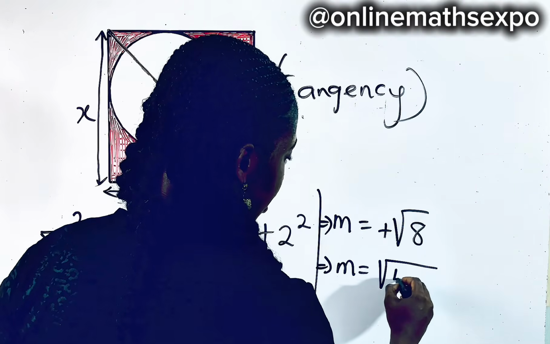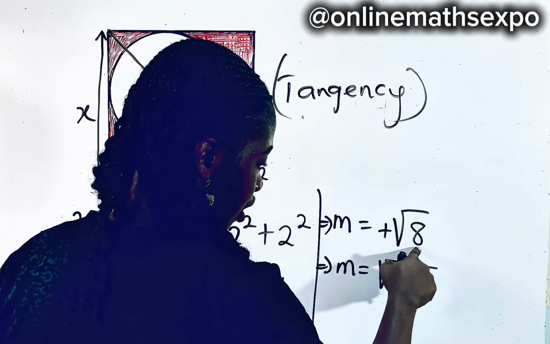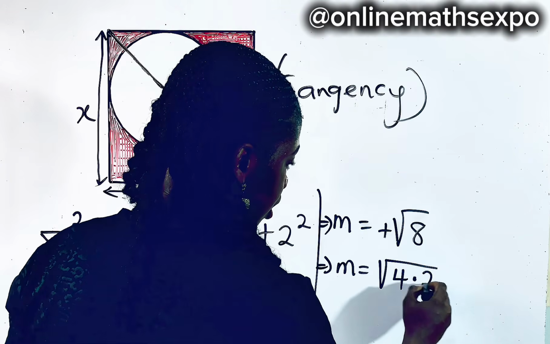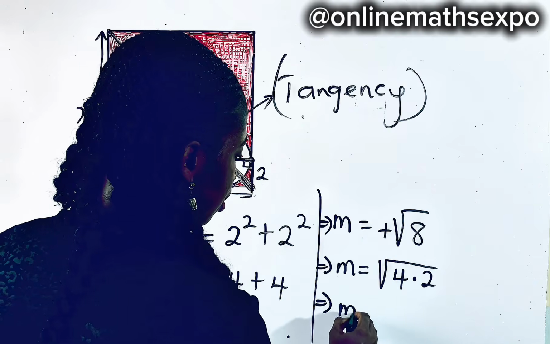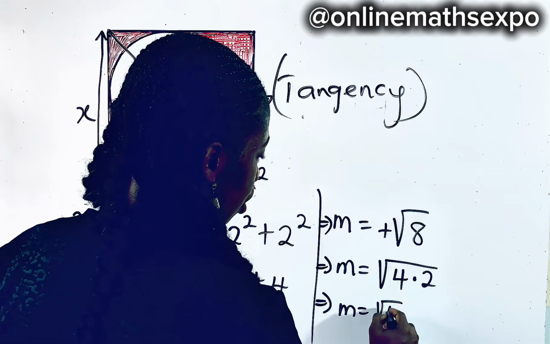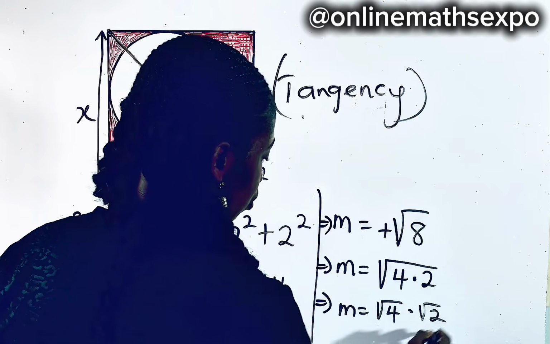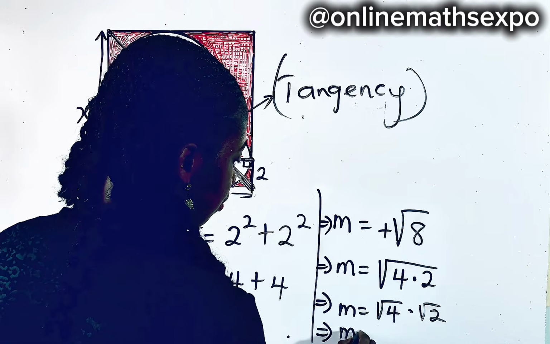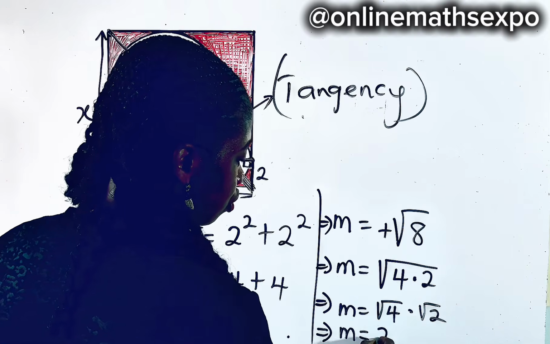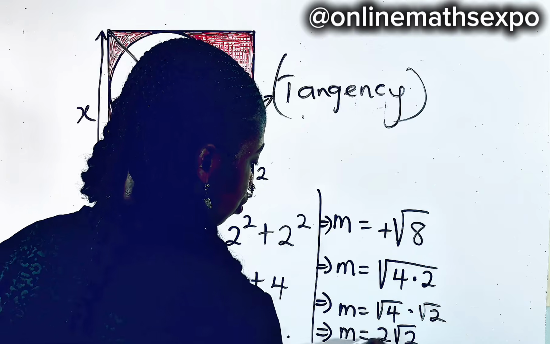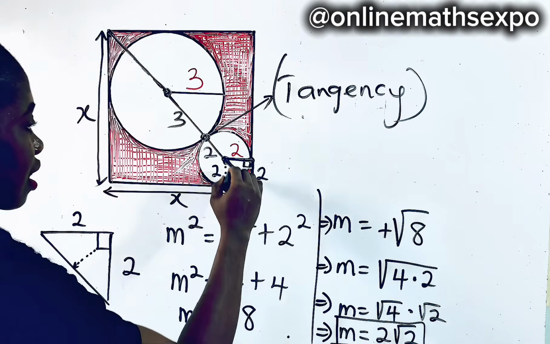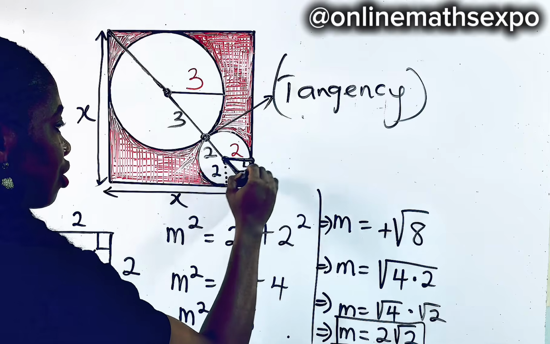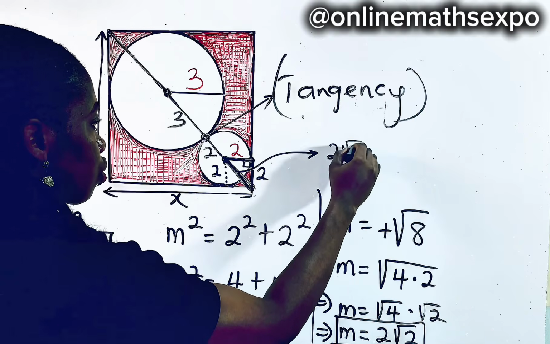The highest square number in 8 is 4, and 4 times 2 gives you back 8. So we have m is equal to, splitting this, root 4 times root 2. The square root of 4 gives you 2, so we have 2 root 2. The value of m here is this. It means that this tiny length here has given us 2 root 2.